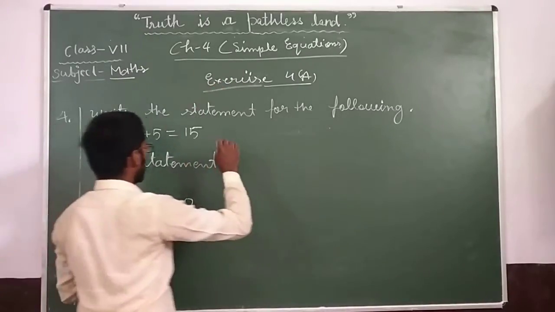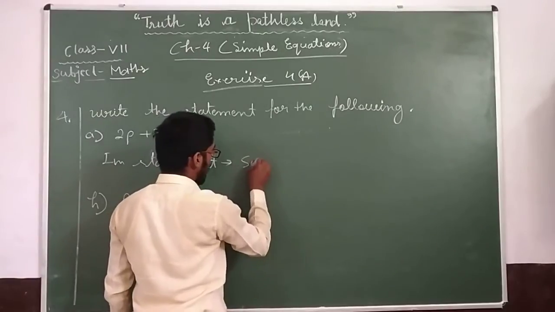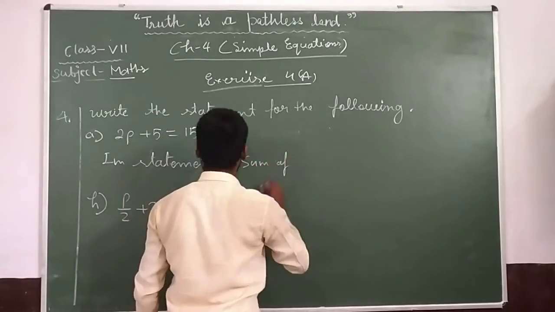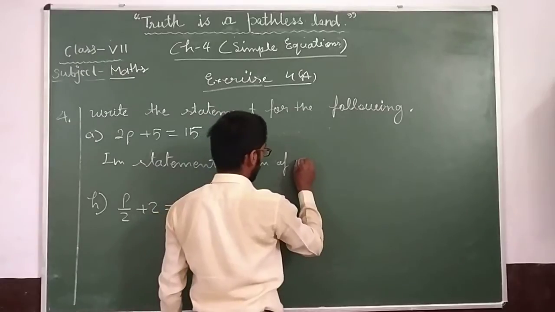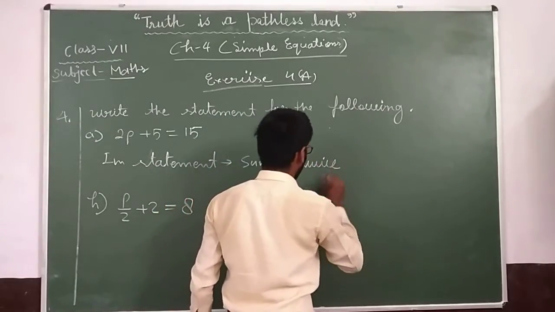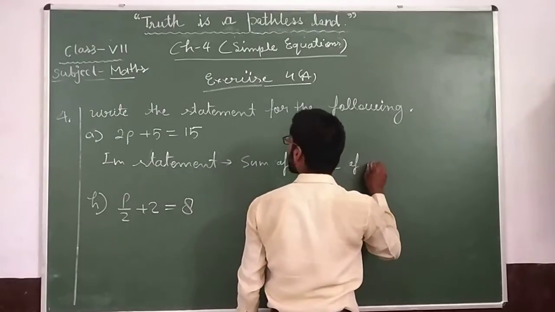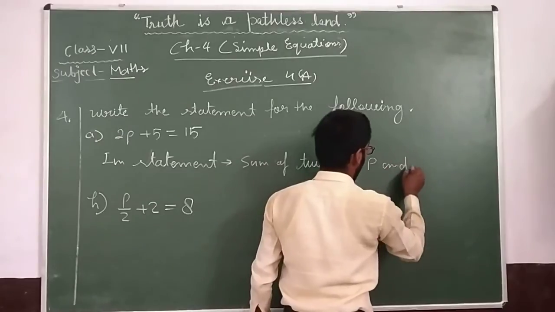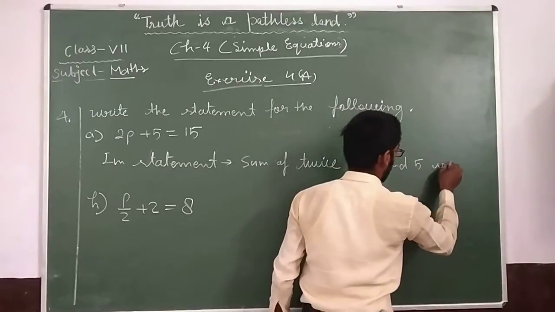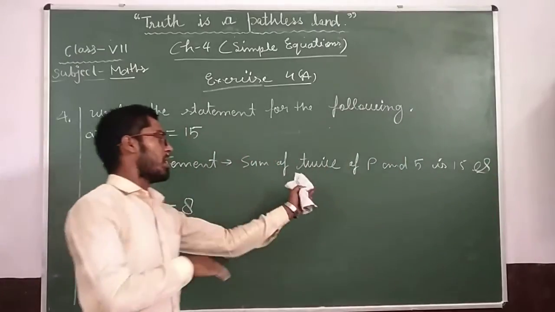So here I am going to write the sum of twice of p and 5 is 15. Now I have written another statement.